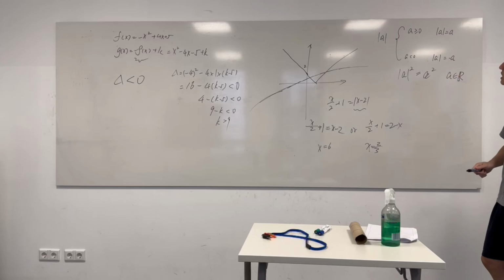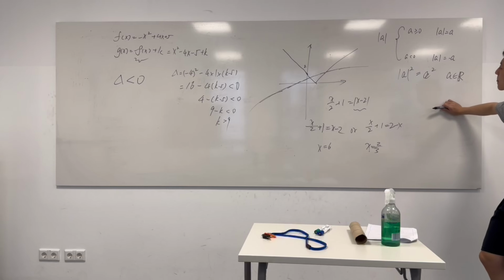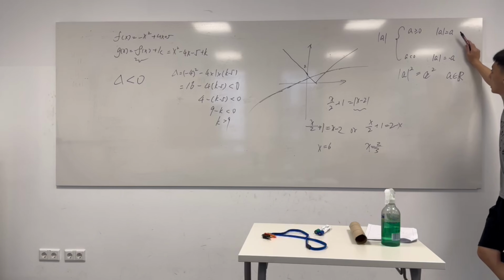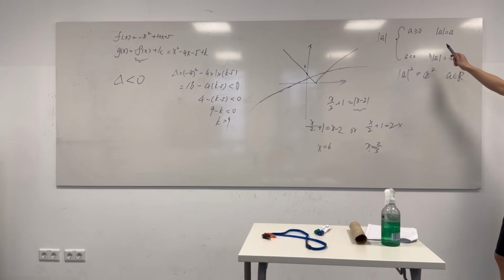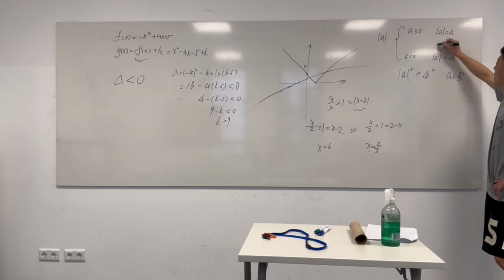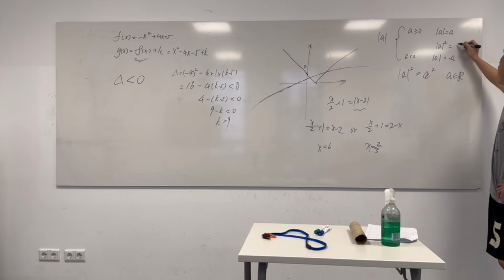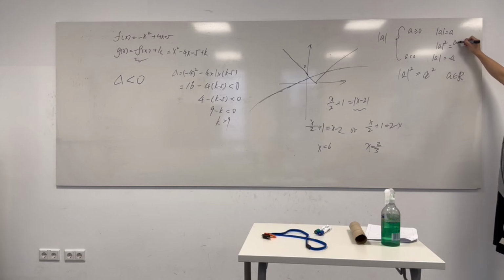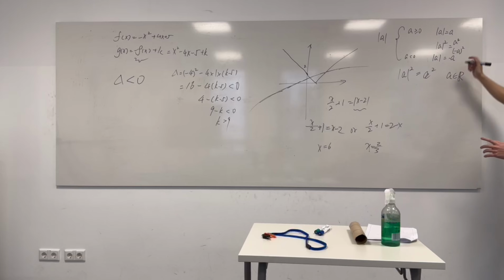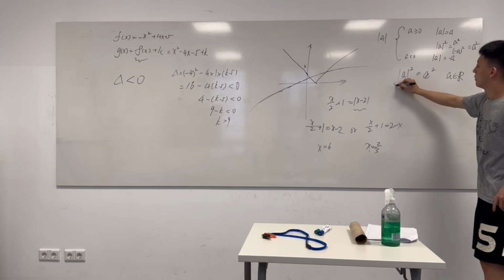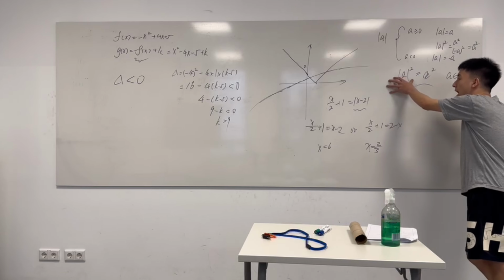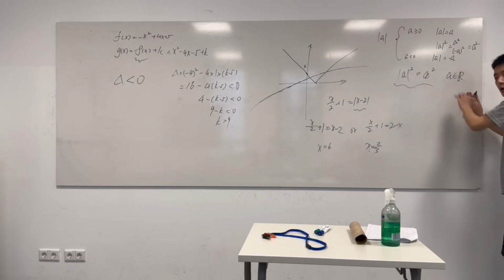It doesn't matter if a is more than 0, equal to 0, or less than 0. The absolute value of a squared is equal to a squared when a is more than or equal to 0, or is equal to negative a squared, and negative a squared is also a squared, so it's always equal when a is a real number.